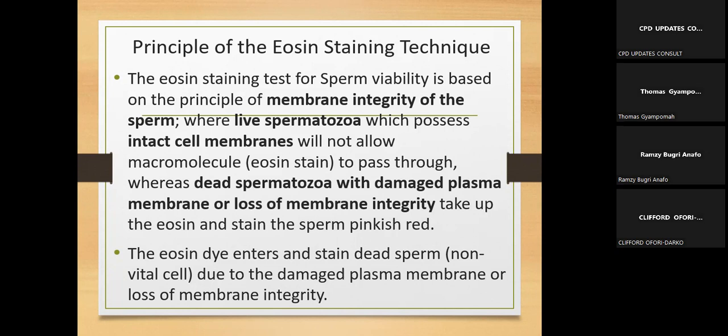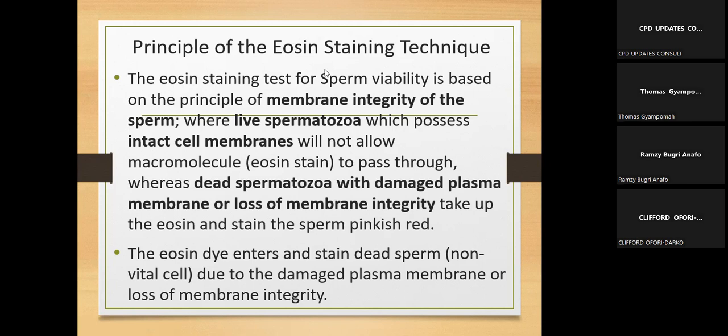And so once you see the sperm head staining pinkish, what is the conclusion? You are using the eosin staining, and you saw that the head is pinkish. Is it dead or alive? Yes, you can tell me. It's a dead cell. The sperm head is stained pinkish.